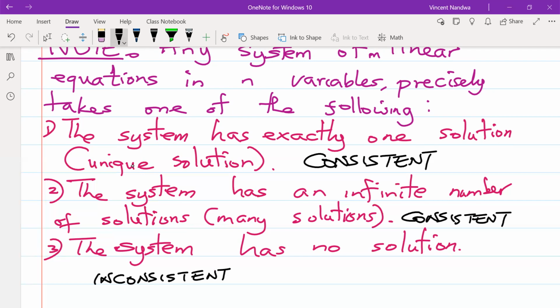So before we start discussing different methods of solving systems of linear equations, it should be known to you that a system will take one of these three cases. There's a solution, there is no solution, or there are many solutions.